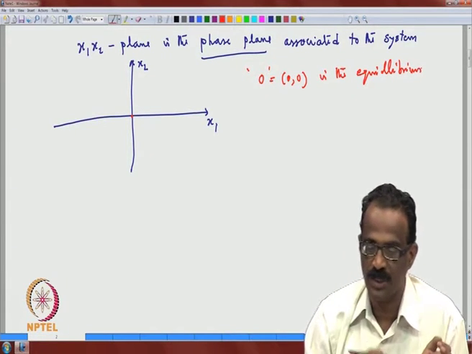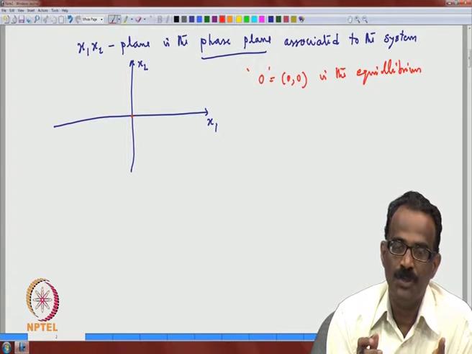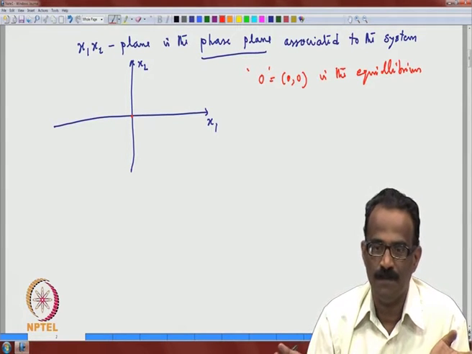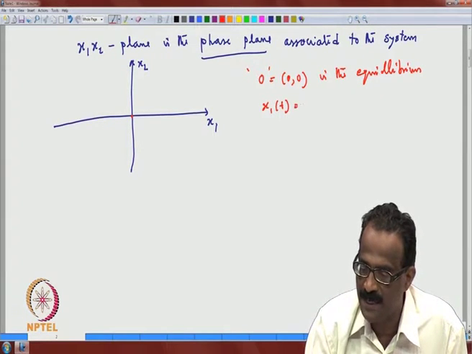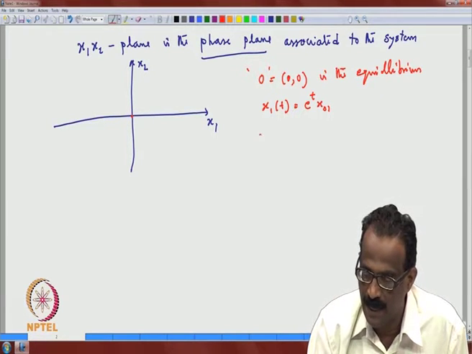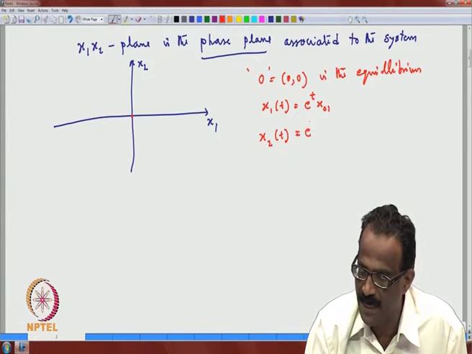So, any solution starting at the origin will remain there forever. But now look at the trajectories, x1(t) = e^t x naught 1, and x2(t) = e^(-2t) x naught 2.